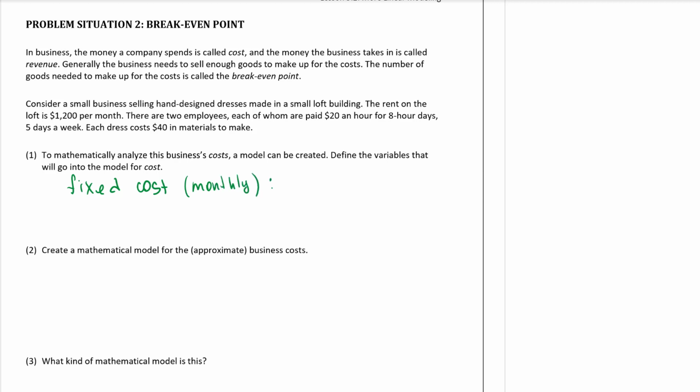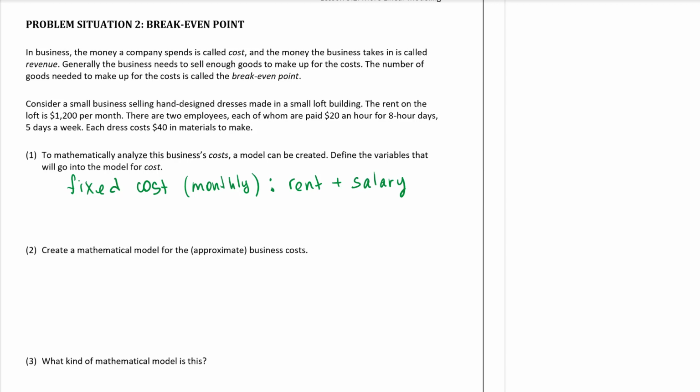So the fixed cost includes rent and the salary. That's fixed. It's not going to vary. It's just whatever you pay. You've got to pay your employees and you've got to pay for rent. Sometimes it's called an overhead cost.